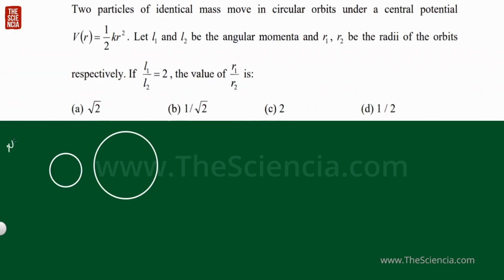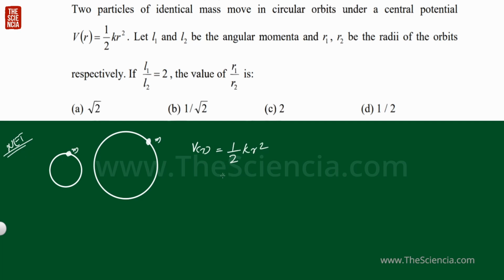This one is a previous NET question. And in the question, two particles of identical masses. So mass is m, this also mass m. They move in a circular orbit under central potential. It is given V of r equal to half k r square.